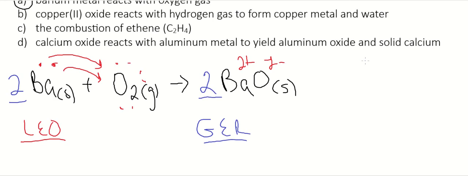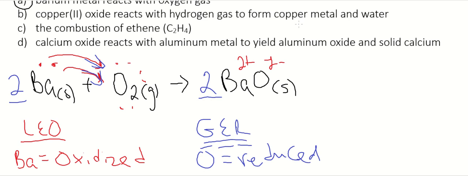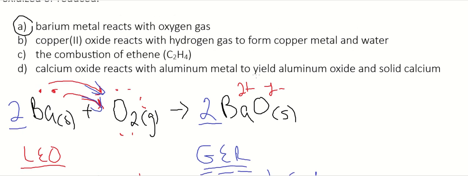The loss of electrons is oxidation. Barium is oxidized. You can see that oxygen is gaining those electrons to become 2 negative. So the gain of electrons is reduction. So oxygen is reduced. All right, let's move on to B.